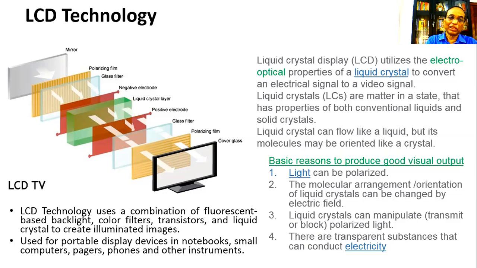Then there is the glass filter on both sides of the electrode that keeps the electrical isolation. Then there are the two negative electrodes at the two sides of the liquid crystal. And then, finally, once again there is the polarizing film and the cover glass where this light impinges. So that will give us the video signal.